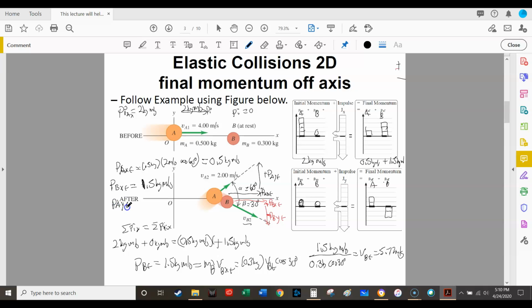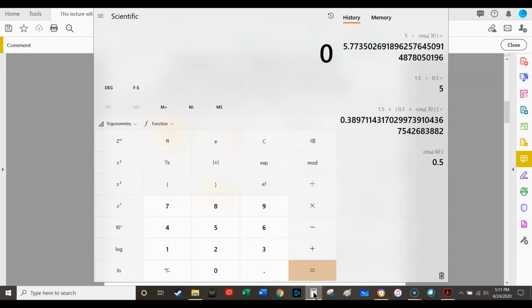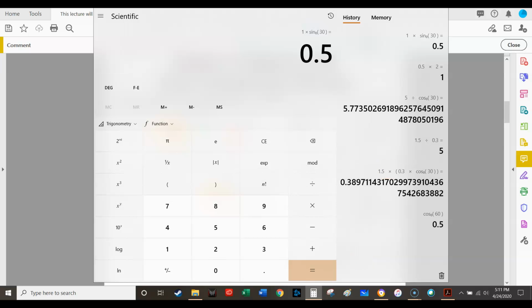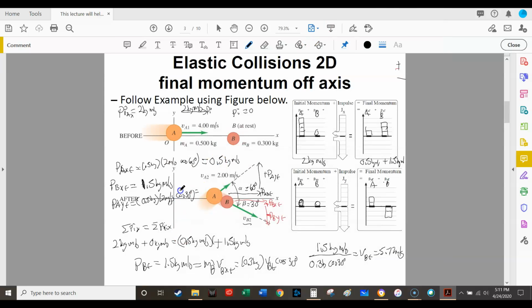PAYF is going to be equal to 0.5 kilograms, and that's going to be 2 meters per second, times 30 degrees, and I said that was going to be cosine. That should be sine. Equals 0.5.